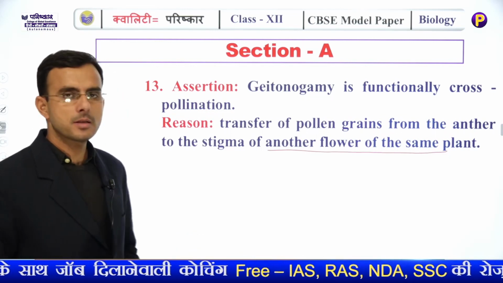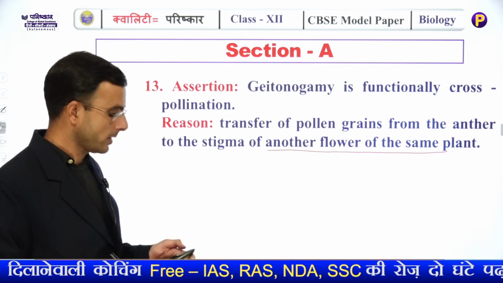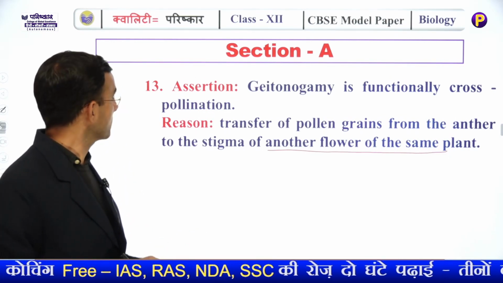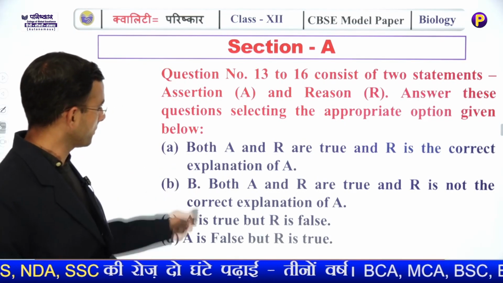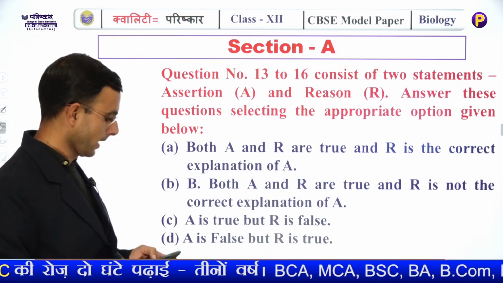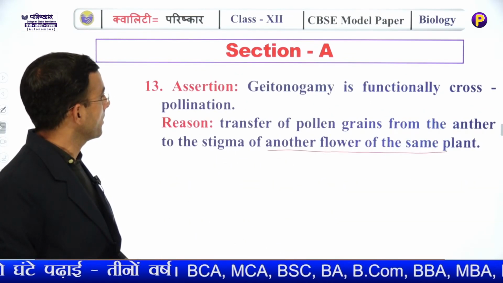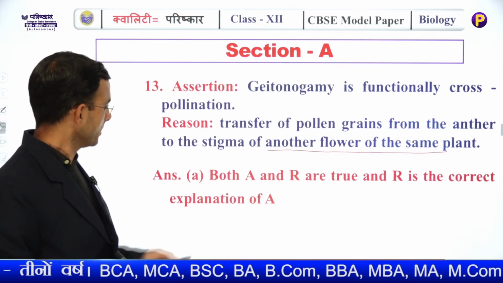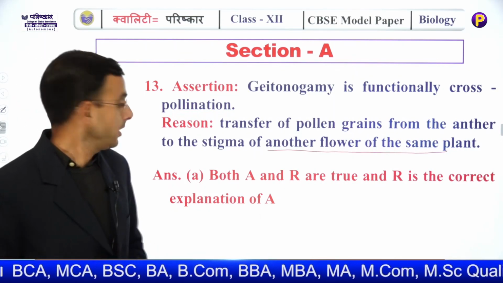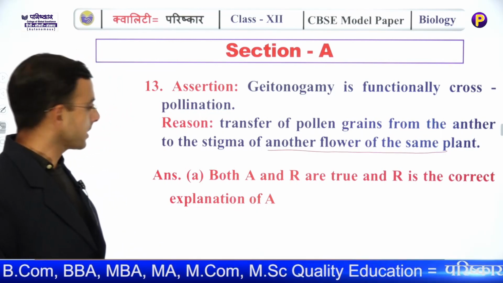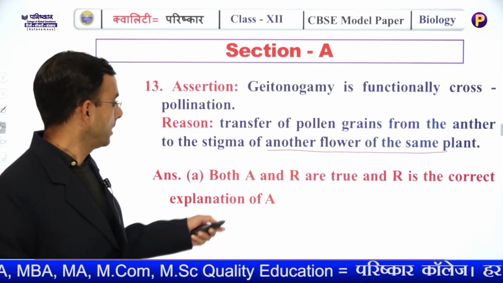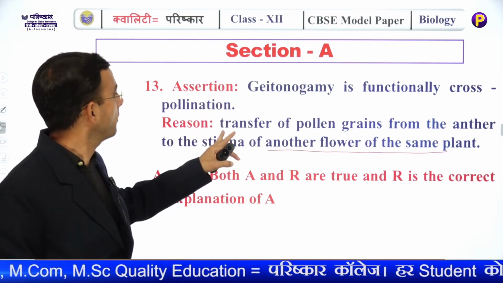And what is the answer? Select from these options. Look at this one. These are the options given, and out of these options you have to select one. In this question, A is the correct one. Both A and R are true, and R is the correct explanation of A. Why?